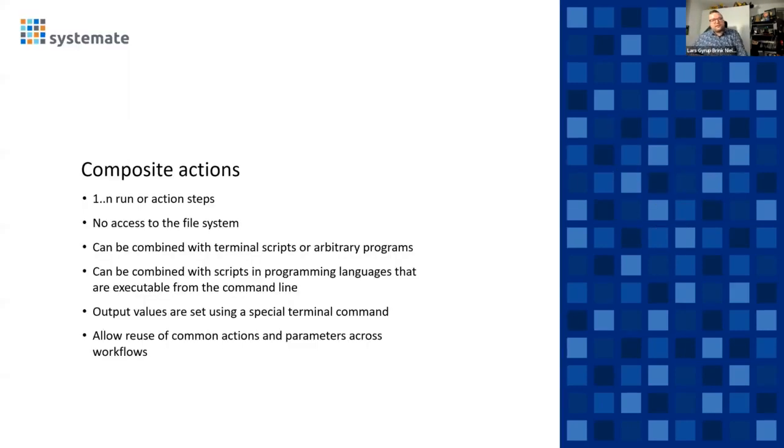Composite actions are when you create an action that reuses steps, but not only run steps, actually, it can also be action steps. So if you don't want to write any custom code, you just want to reuse some existing actions and pass a specific set of parameters to them, reuse that between our jobs, reuse that between our workflows, then we can create a composite action.